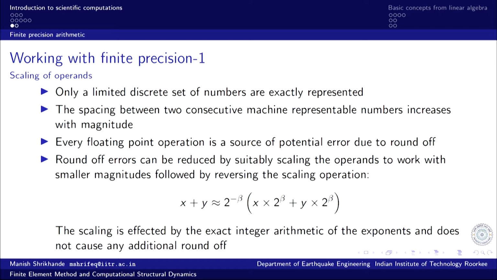Since the scaling is performed in exact integer arithmetic on the exponent, no loss happens there, as long as it is not operating on the boundary of the integer range. So, this does not cause any additional round off, and we can keep the round off error under control.